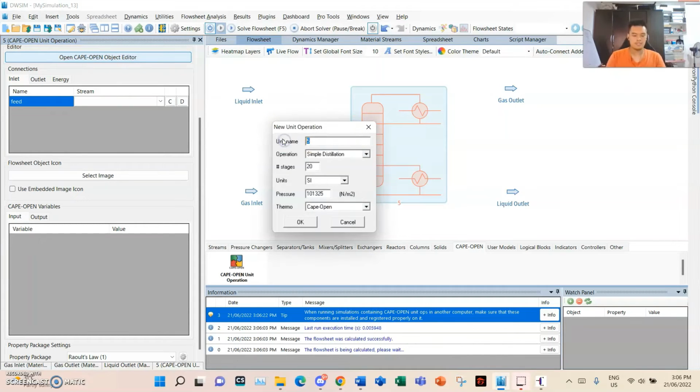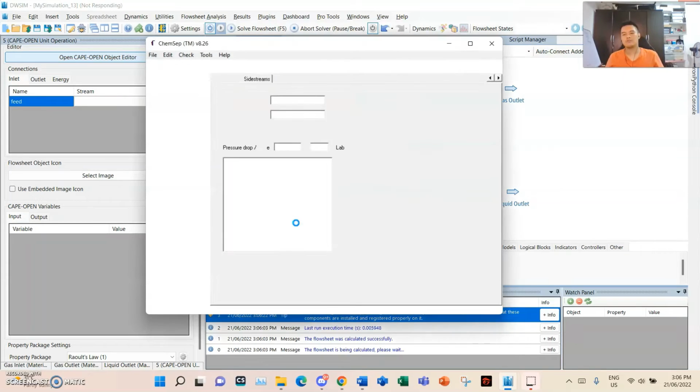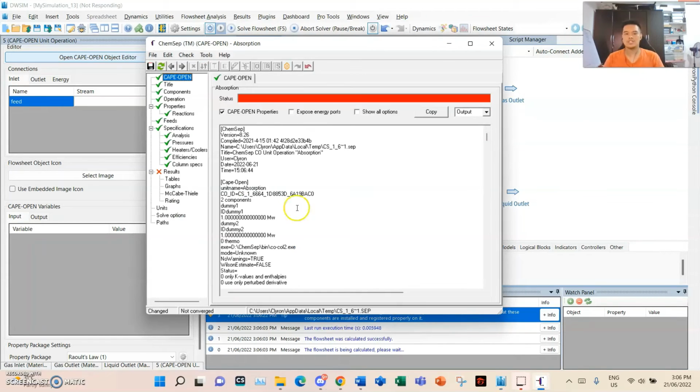So the unit name is absorption, and the operation is a simple absorber and stripper, and the following details will be further discussed or edited in the corresponding editor pages. So we'll just wait for a few seconds, and the editor page is here. We will uncheck this CAPE-OPEN Properties, because it has its own property package.